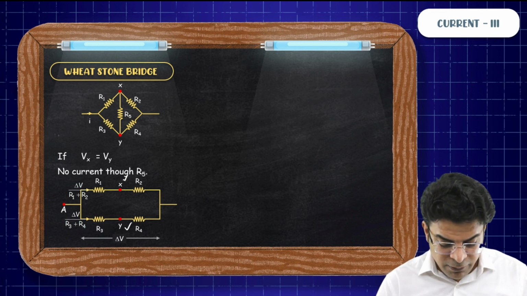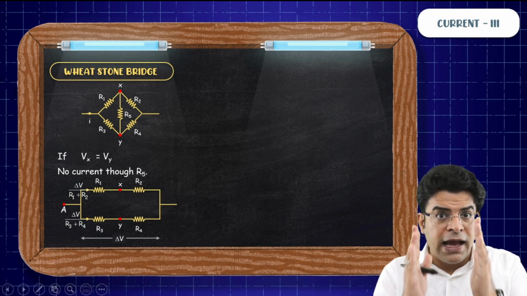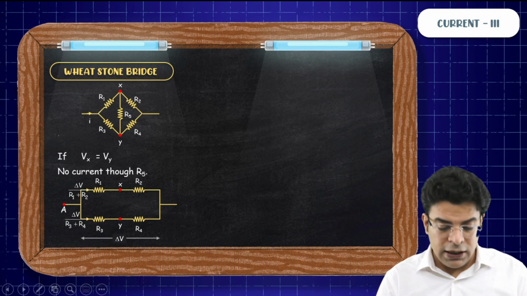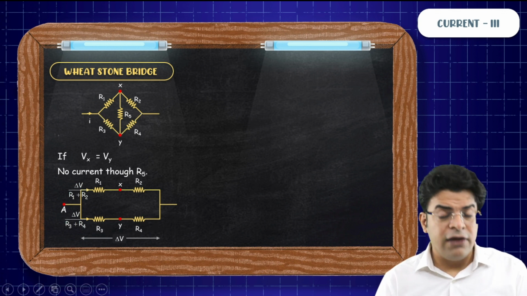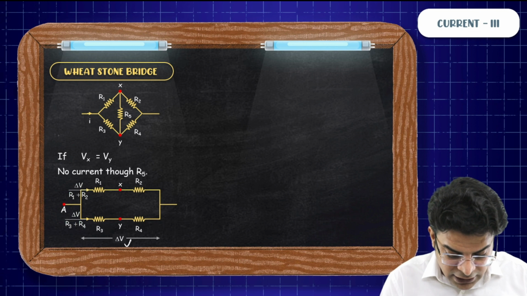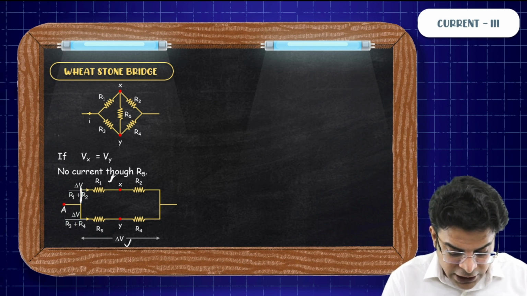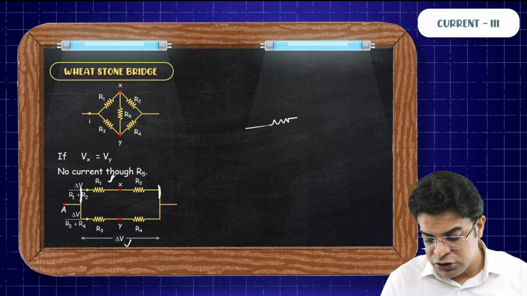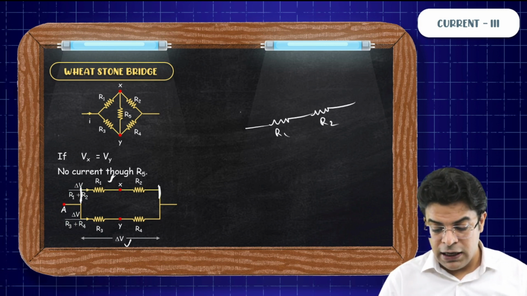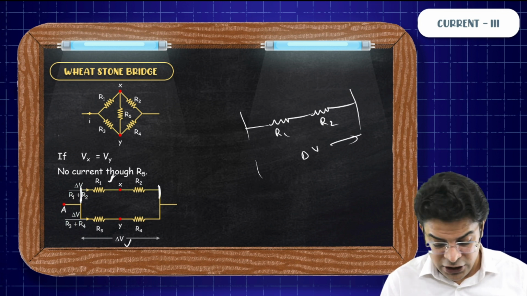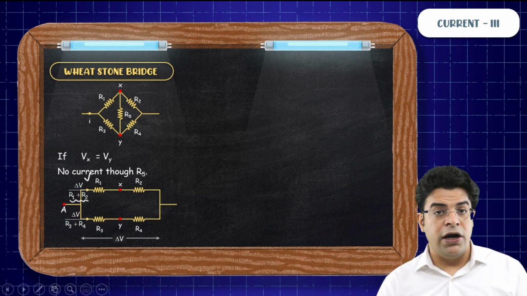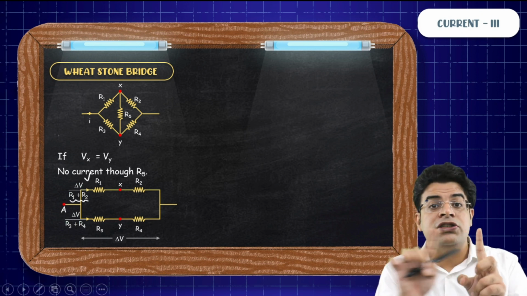Now you will say if a potential drop delta V is applied across this combination, in the upper line you have got R1, R2, in the lower line you have got R3, R4. The upper line has a resistance of R1 plus R2 and the potential drop across it is delta V. So the current flowing through the upper line will be delta V upon R1 plus R2, the potential drop across it upon its resistance.